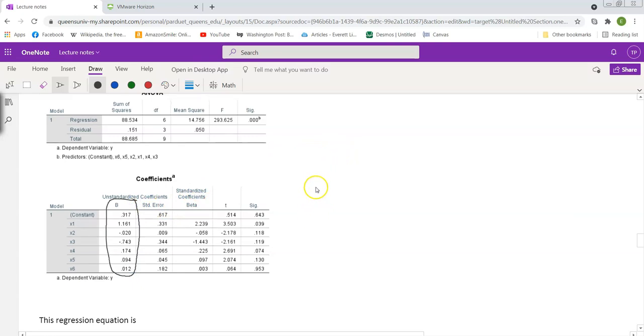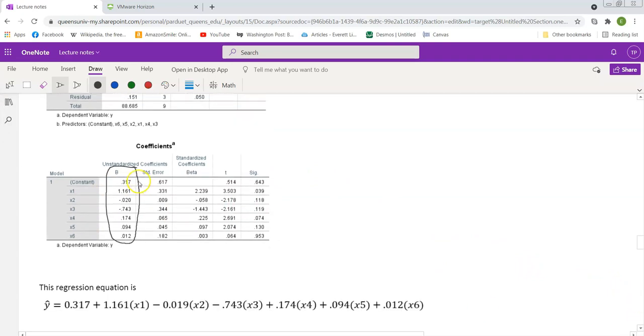So this means that our regression equation is y hat equals 0.317 plus 1.161 times x1 minus 0.020 times x2 minus 0.743 x3 plus 0.174 x4 plus 0.094 x5 plus 0.012 times x6.